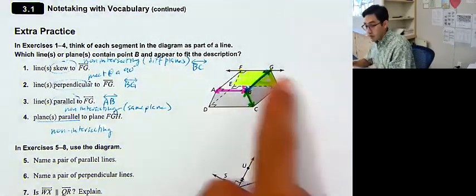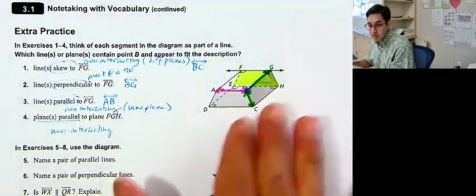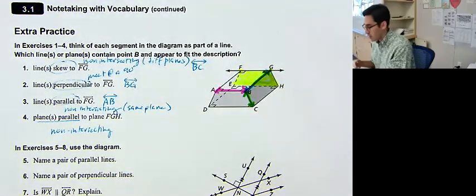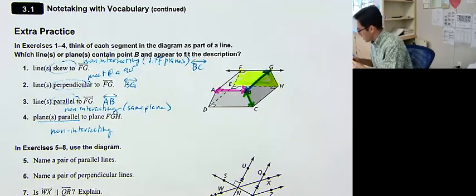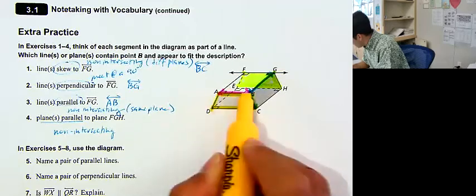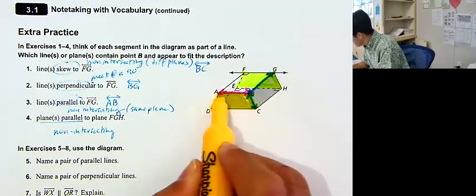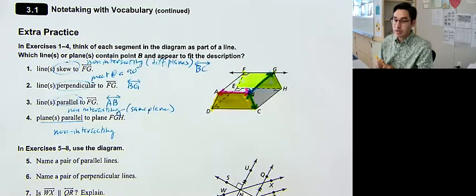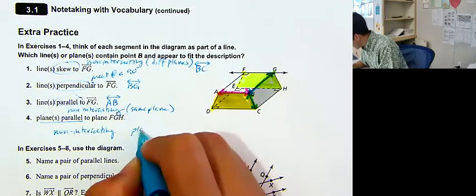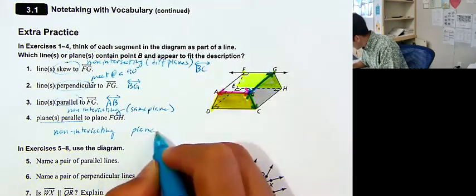The only plane or surface here that does not touch FGH would be the front side. Let's color this, plane ABC. The front plane and the back plane would never touch or cross. So we'll name it plane ABC.